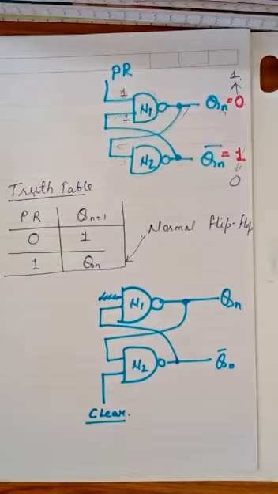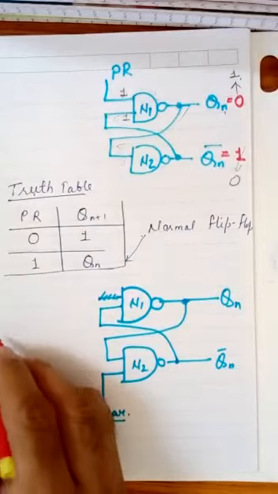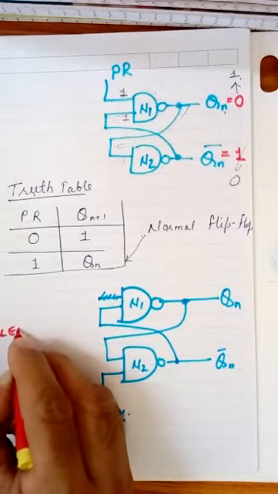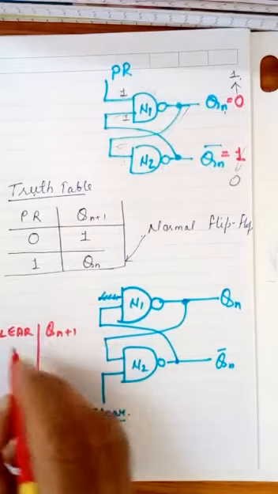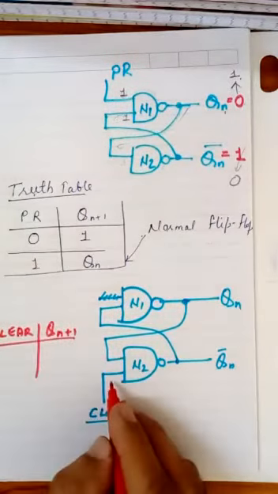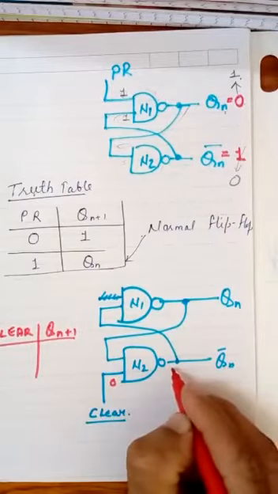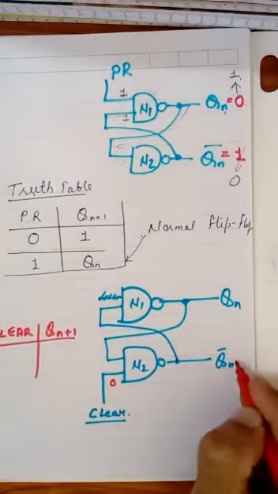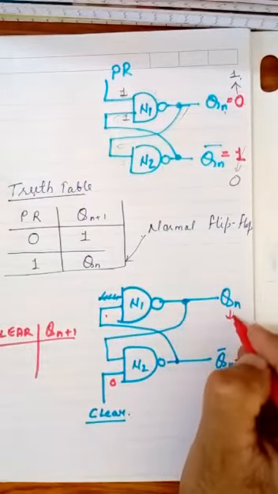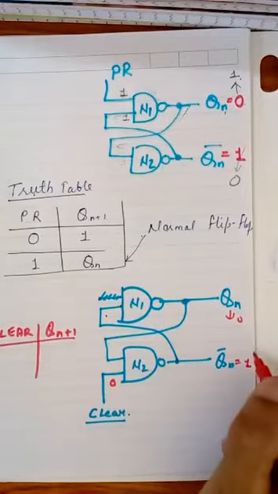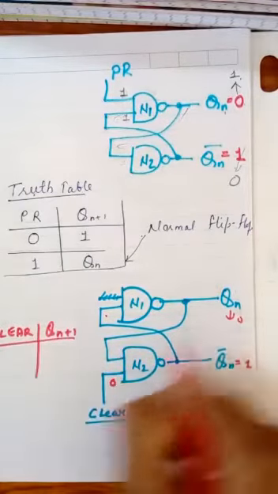Okay, then in this particular case, if we write its truth table, then what will happen? If clear is equal to 0, then output will be 1 at this point, and if this is 1, then this goes to 0, and in each and every case the Qn is changing to 0.